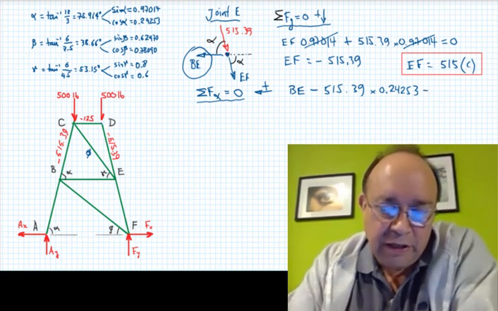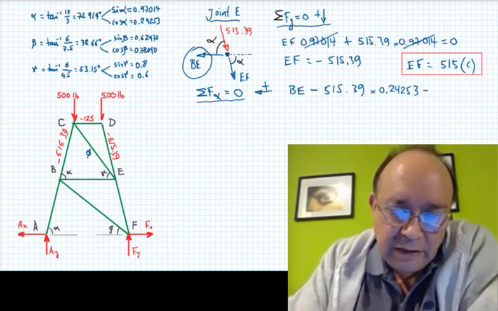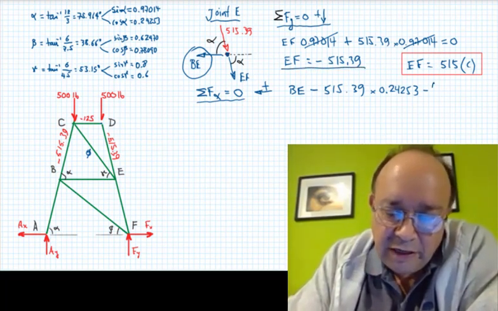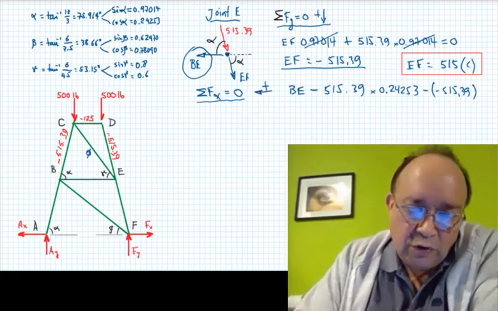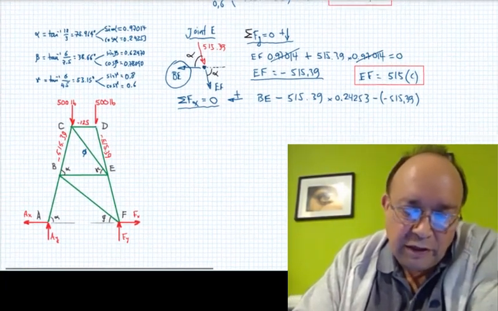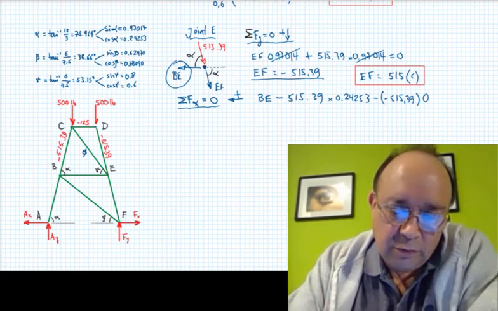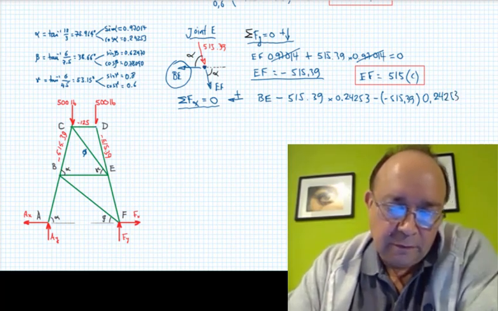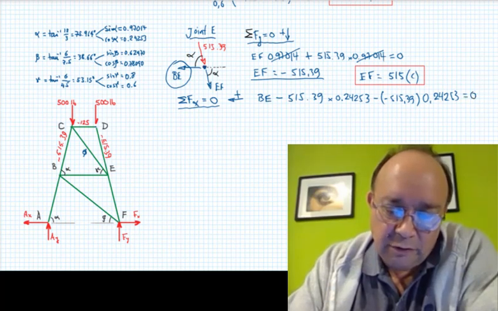minus EF. EF I found that is negative, so I have to put it here, negative, minus 515.39 cosine alpha. So cosine alpha will be again 0.24253, and I don't have any more forces, so that will be equal to 0.